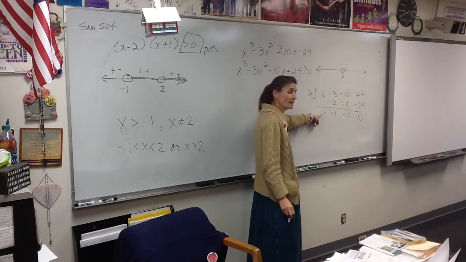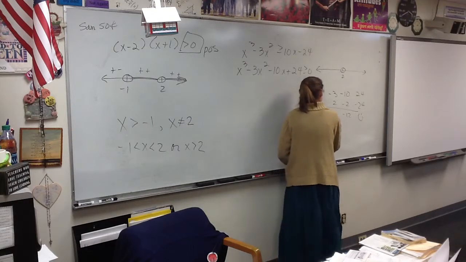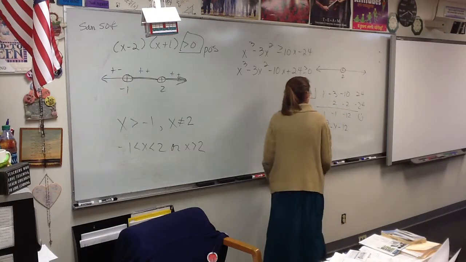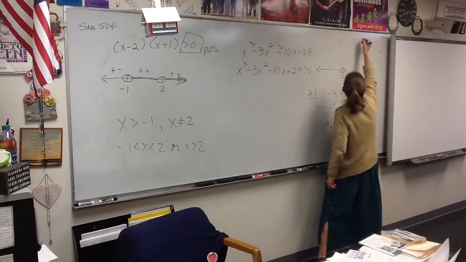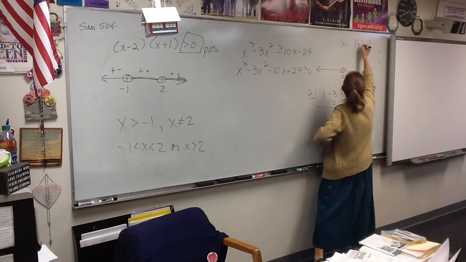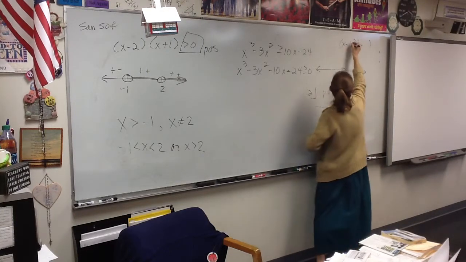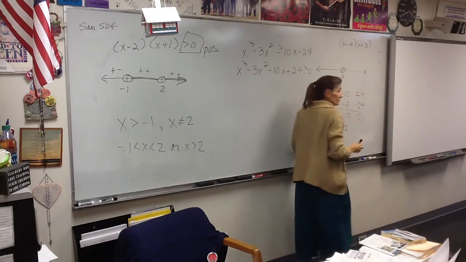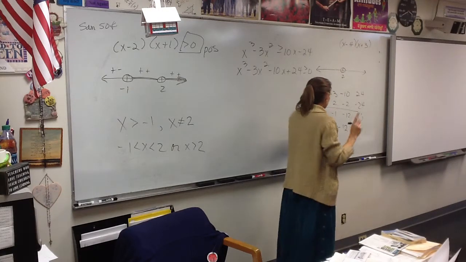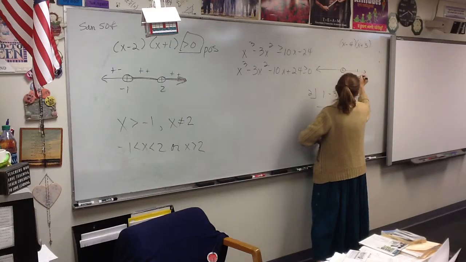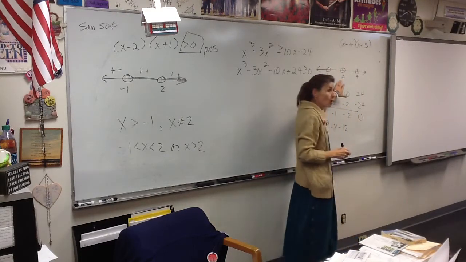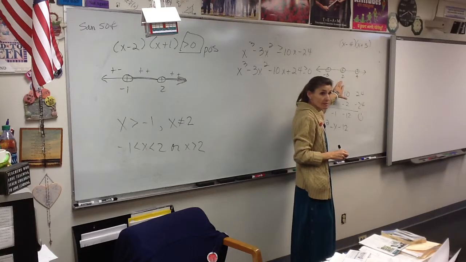Take what you got left, which is x squared minus x minus 12, and factor it. How does that factor? -4 plus 3. So you know you're going to have a dot at 4 and a dot at -3 along with the dot at 2, right?